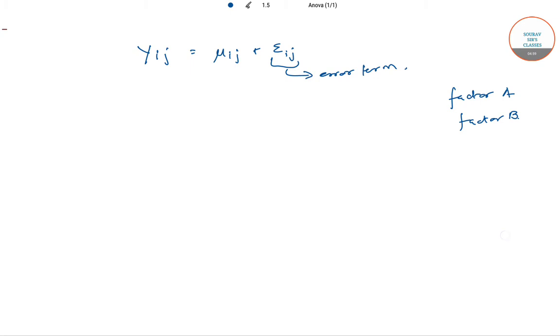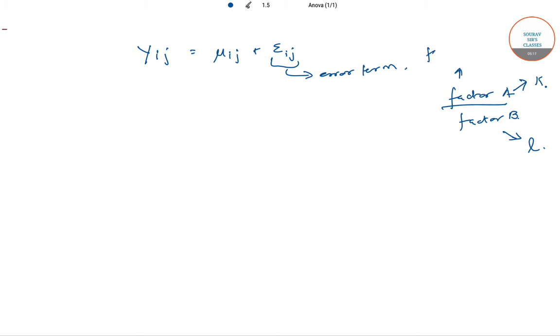Suppose factor A has k different levels and factor B has L levels. Now suppose this factor A is our factor of interest.